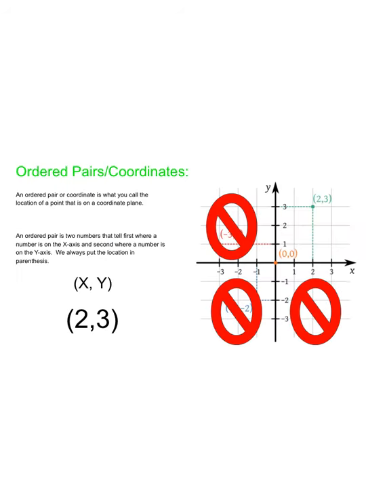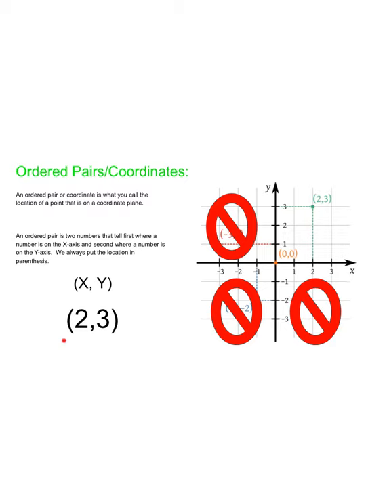Ordered pairs or coordinates. An ordered pair or coordinate, either word is fine, is what you call the location of a point that is on a coordinate plane. The ordered pair is two numbers that tell first where a number is on the x-axis, and then second where a number is on the y-axis. We always put the location in parentheses.